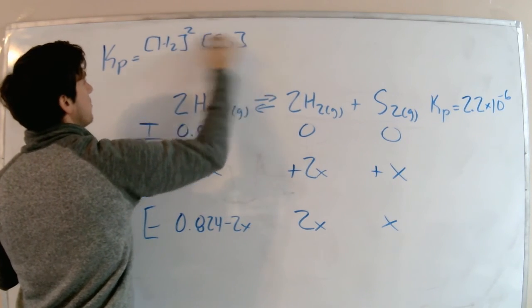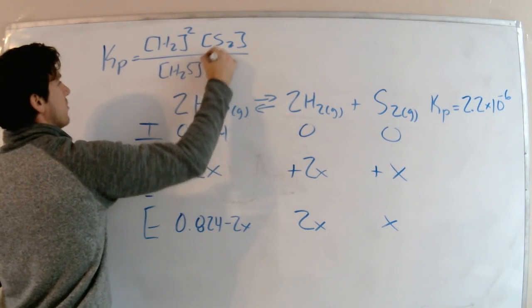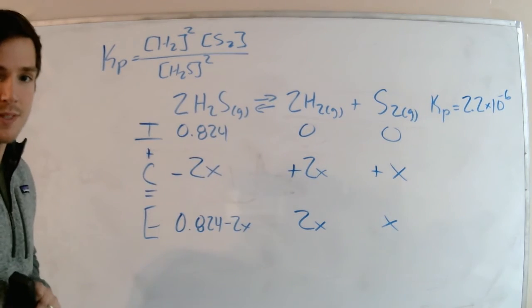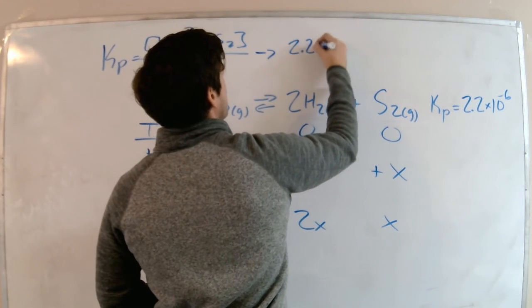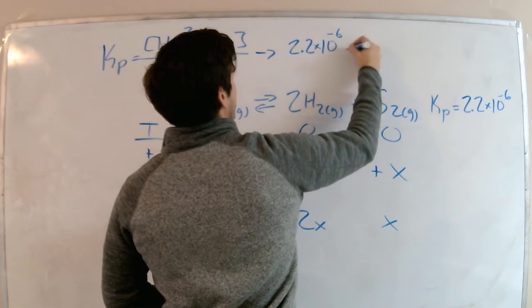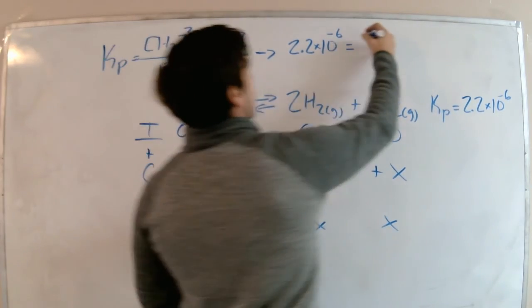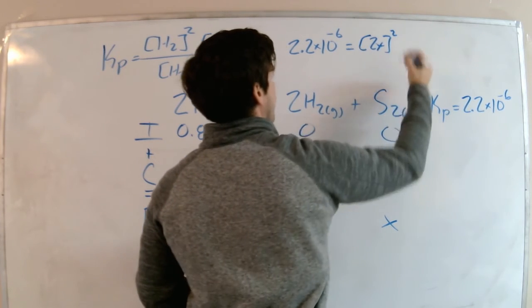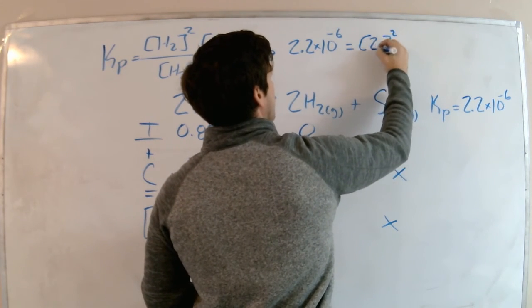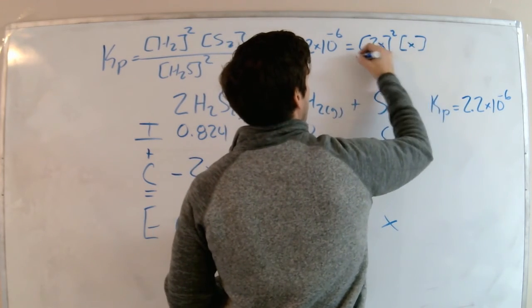We got S2, and we got H2S squared because of the 2. Let's plug in what we know. I know Kp is 2.2 times 10 to the negative 6. I know H2 is 2x, so we'll do 2x in square brackets and square it later. Let me fix that. I'm going to put x in square brackets and incorporate that later.